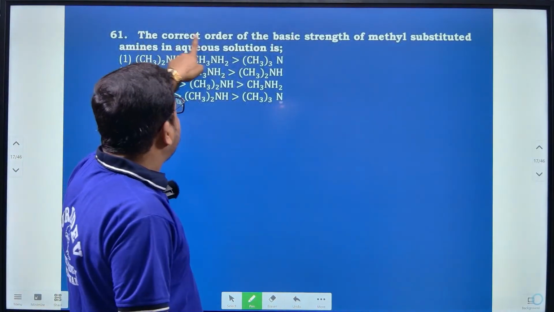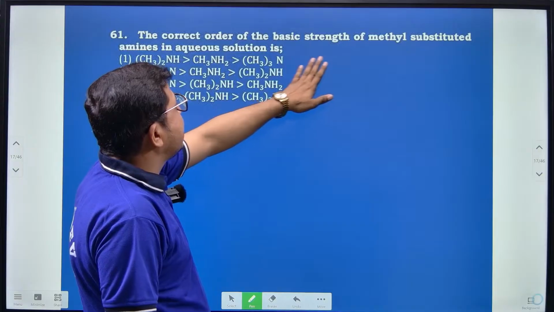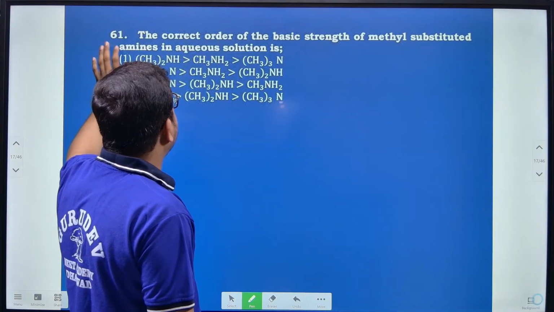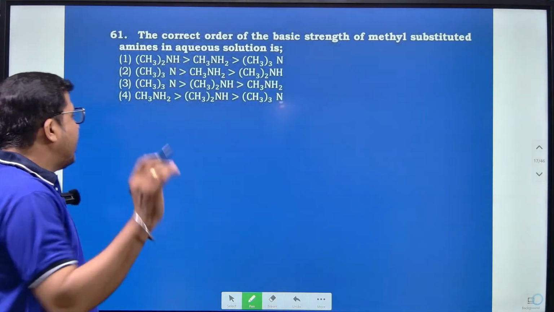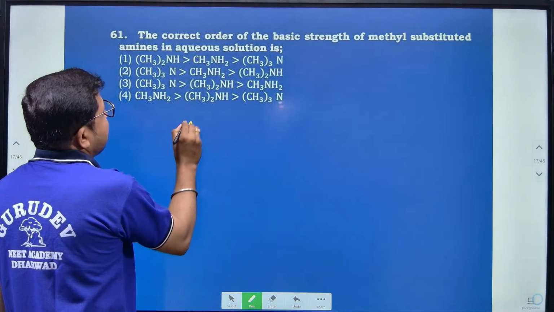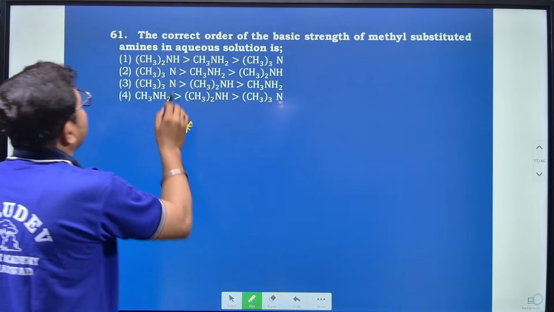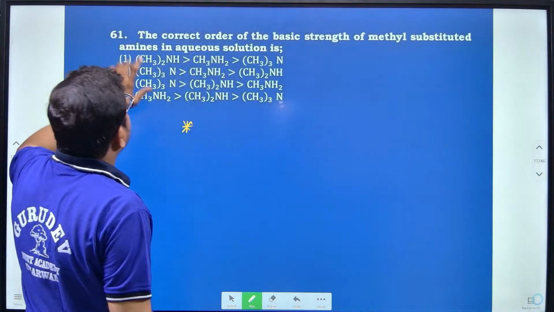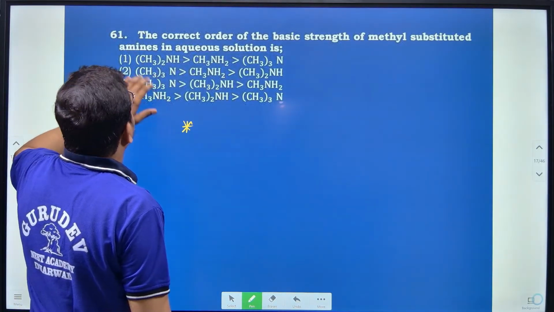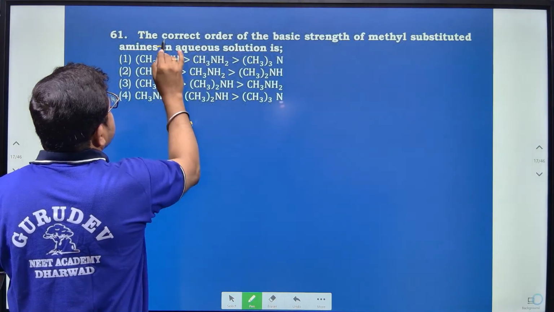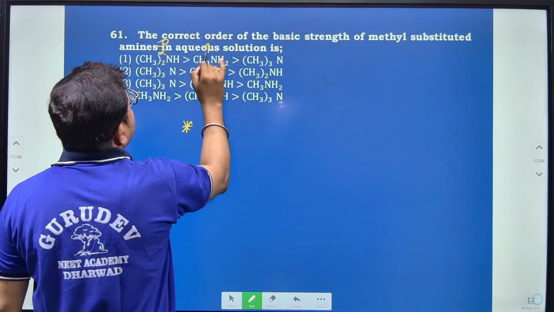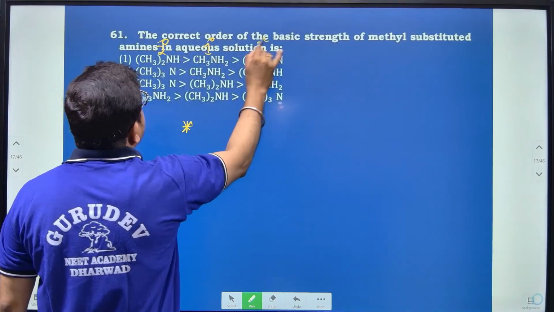Here, the correct order of the basic strength of methyl substituted amines in aqueous solution is, by considering 2 points. First one, here they have given secondary amine greater than primary amine, greater than tertiary amine.